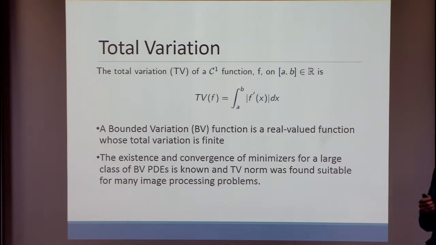So the thing is that the TV, we already know this function as it's been mentioned a few times in the talk, and it belongs to a class of what is known as bounded variational problems. Interestingly, a lot of the image processing tasks have a bounded variational functional. The reason being that the convergence for this family of functionals is already very well known and well studied.